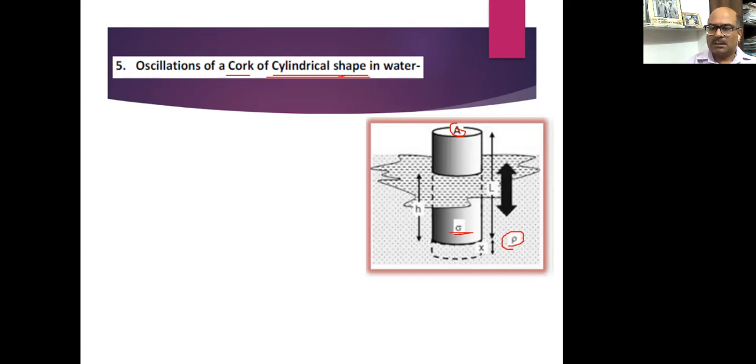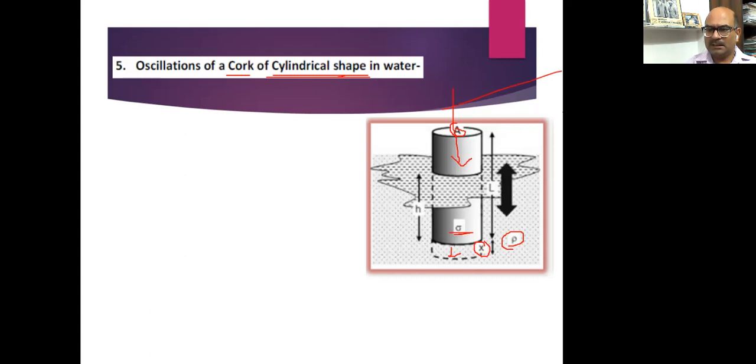When this cork is in the water and not under any external pressure, it will be at equilibrium. But as soon as we push it downwards with some force, it will take some displacement x.